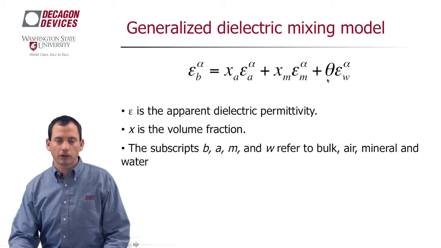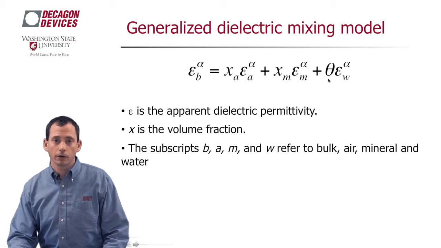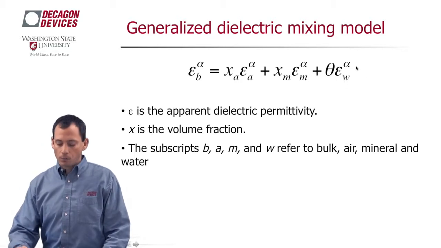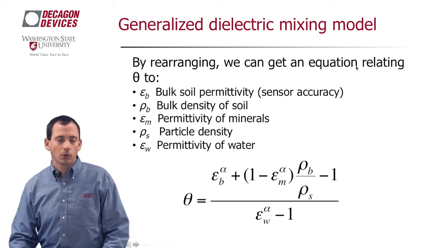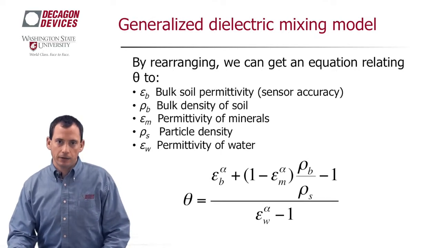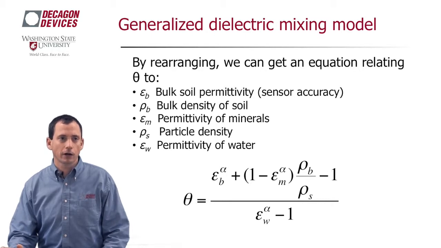Here's the volume fraction of water, which is our volumetric water content, which is what we're ultimately trying to get at, and then that is multiplied by the dielectric permittivity of the water. So if you rearrange that equation and solve for the component that we actually care about, the volumetric water content, then you can do a sensitivity analysis.